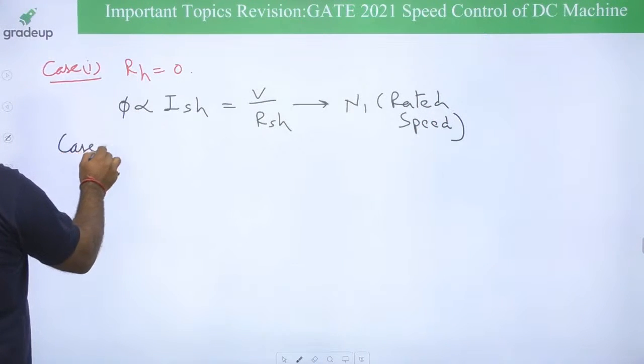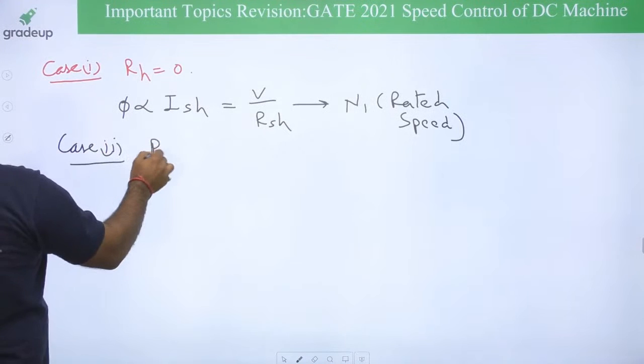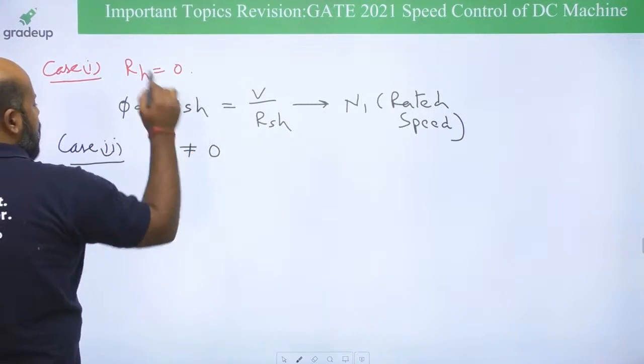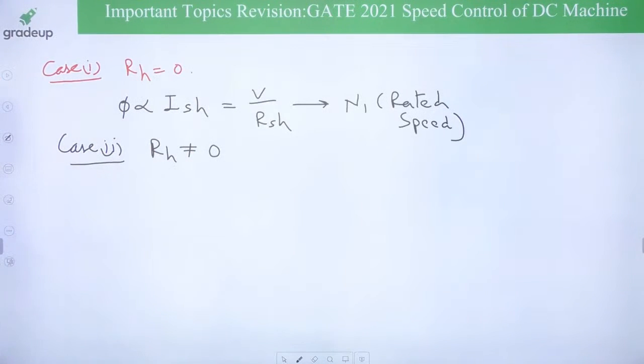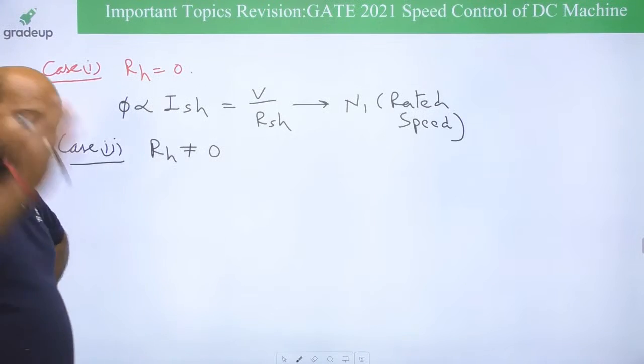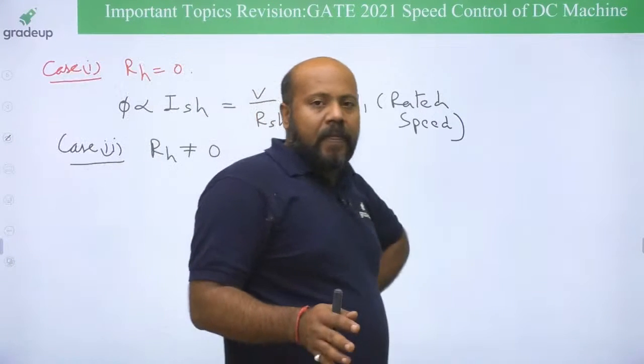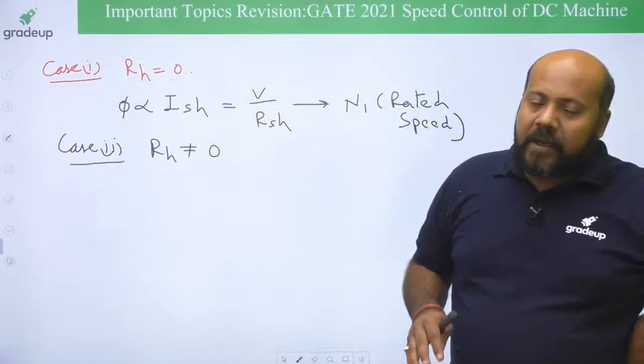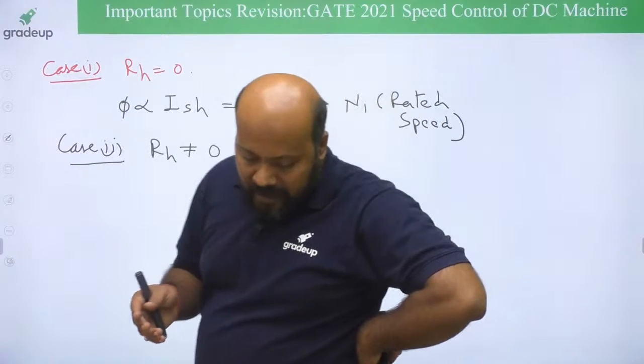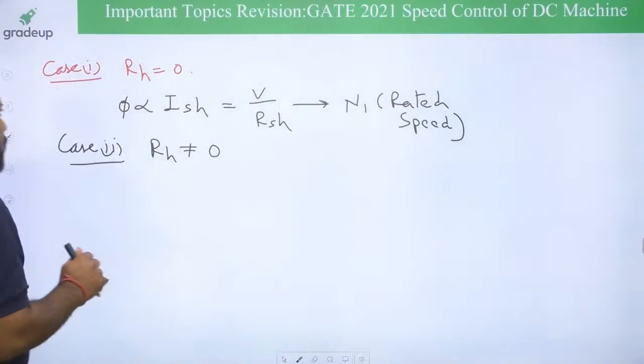Now let us take case 2, when this rheostat or the variable resistance is non-zero. When it is non-zero, it means it is going to reduce the field current. If it is going to reduce the field current, definitely the flux is also going to be reduced.